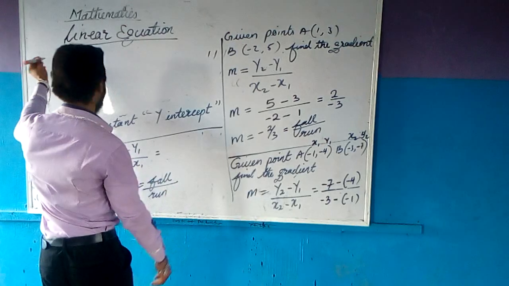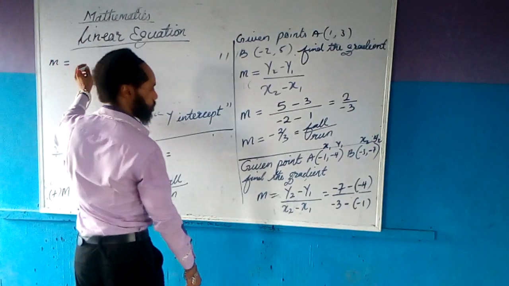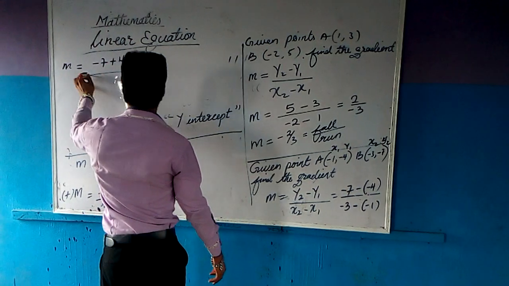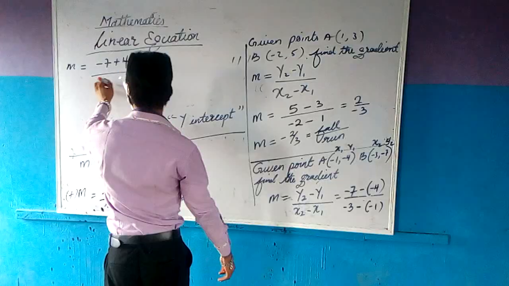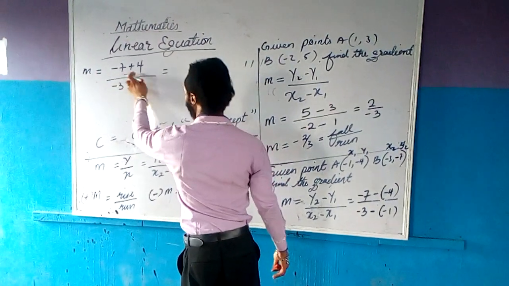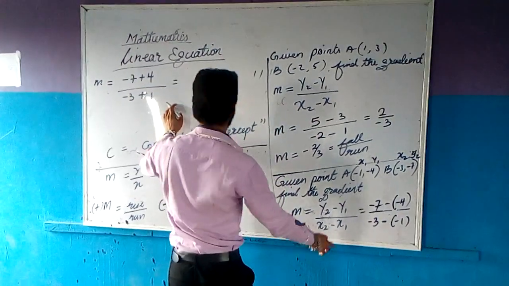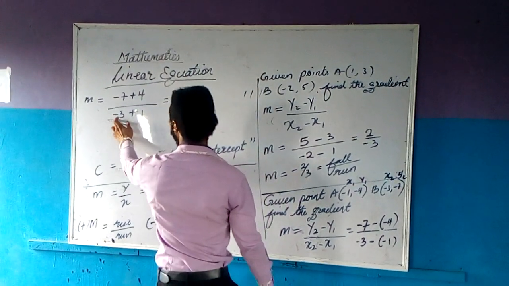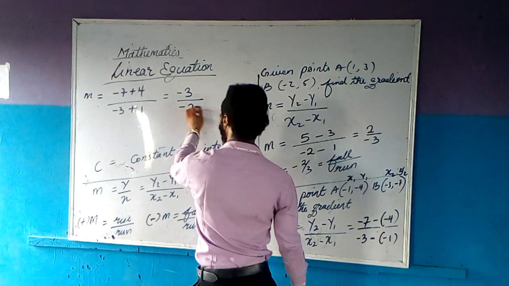So we're going to have m equals negative 7 plus 4 over negative 3 plus 1. Negative 7 plus 4 is negative 3, over negative 3 plus 1, which is negative 2.